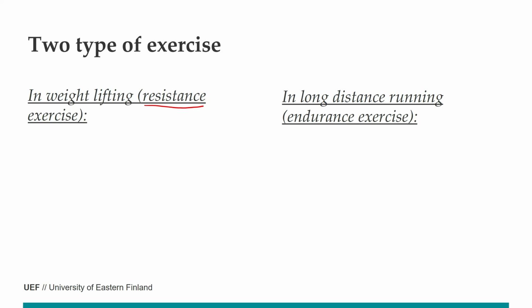But on the opposite side, we have, for example, long distance running, bicycling, etc. So it's endurance exercise. In bicycling, you have as minimal resistance as possible to move your legs as fast as possible. You are not using so much power, but you can have more velocity.